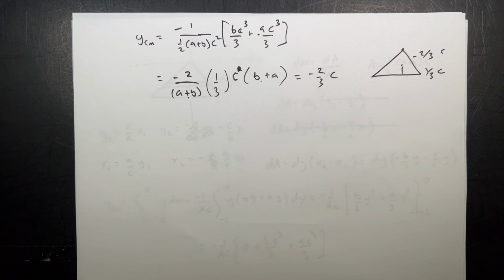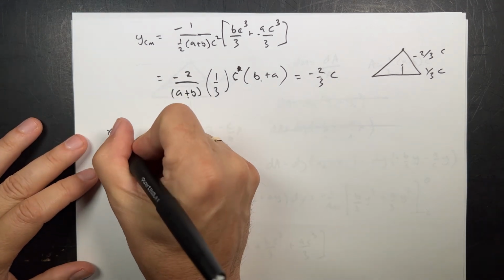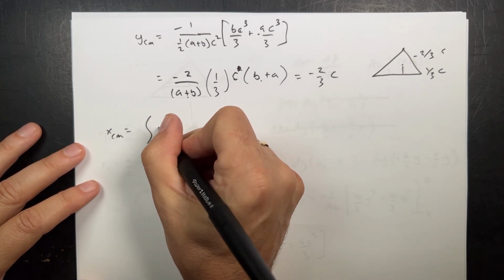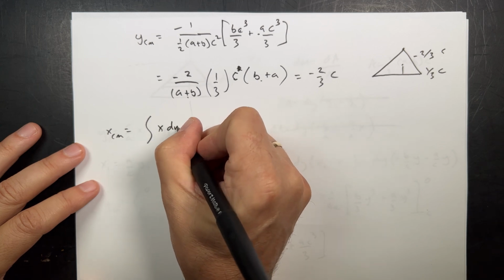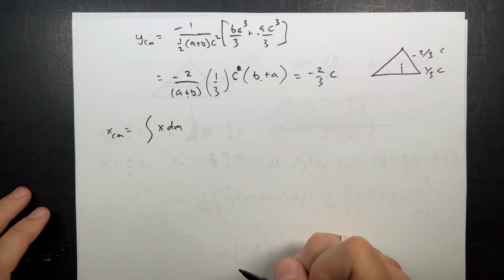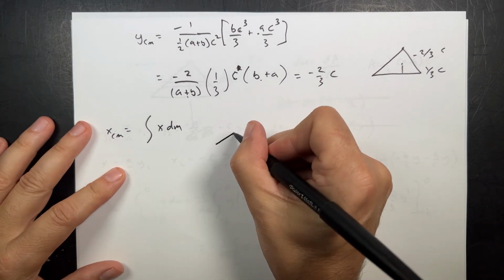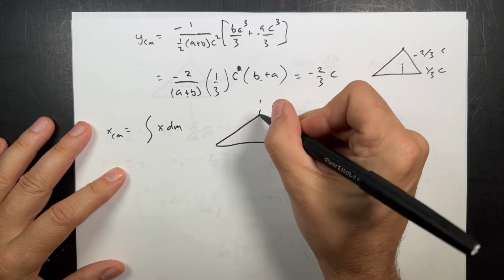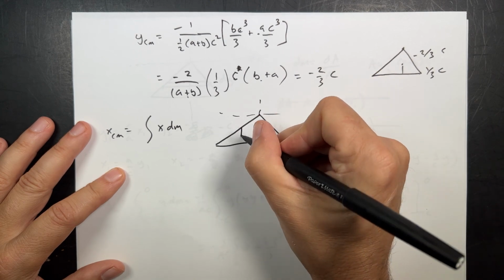Now let's do the x center of mass. So x center of mass is going to be equal to the integral of x dm. For this, we're going to break our triangle into vertical slices, like this.